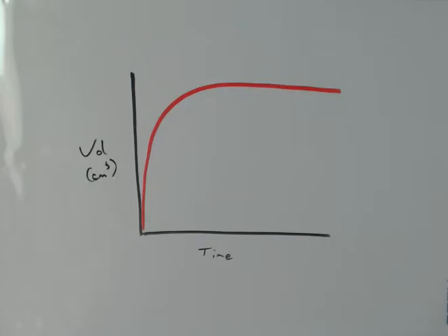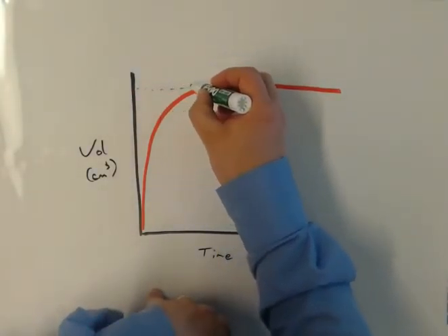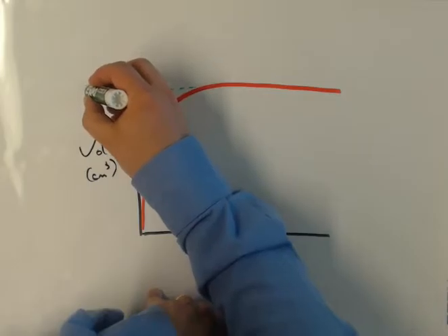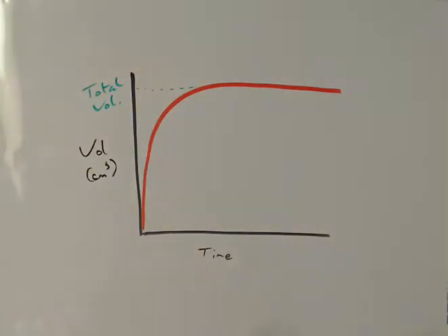Now, what can we tell from this? Well, if we read off here, that's the total volume. That's the maximum amount of gas there. That's the limit. That's how much gas is produced, no more, in total.